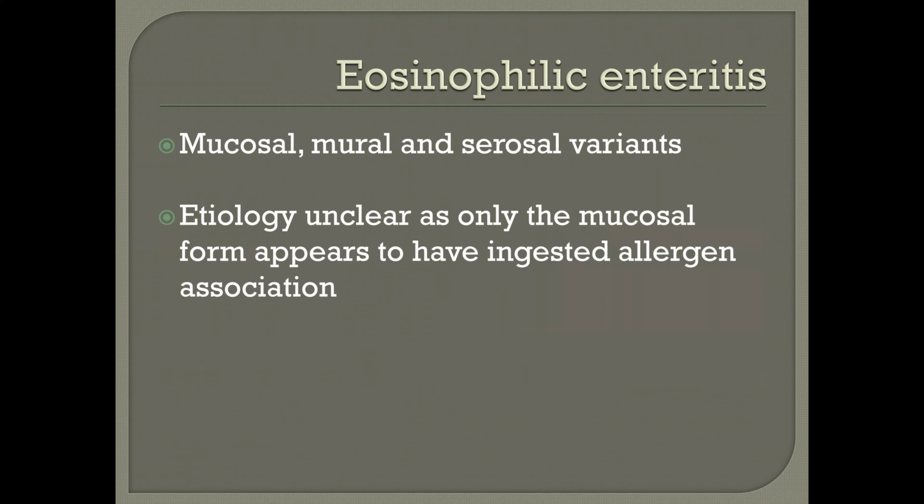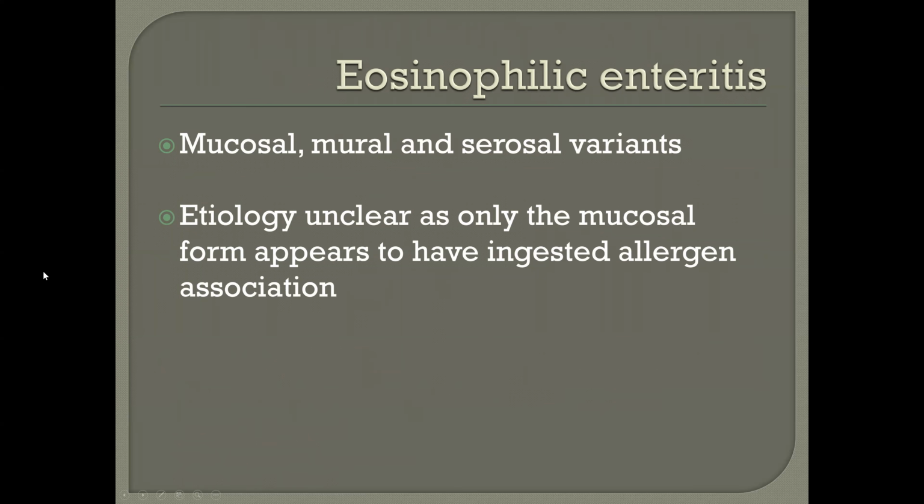Eosinophilic gastroenteritis can involve any level of the GI tract, from the esophagus onto the distal colon, but it's really only when it involves the mucosa that we tend to see it, although there are mural, intramuscular, and serosal variants that may be detected in some settings.